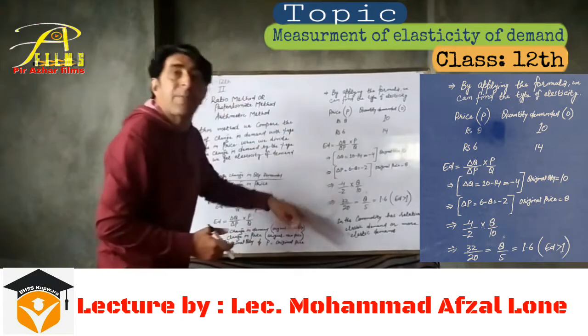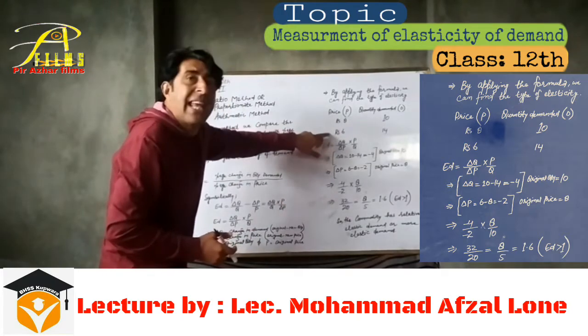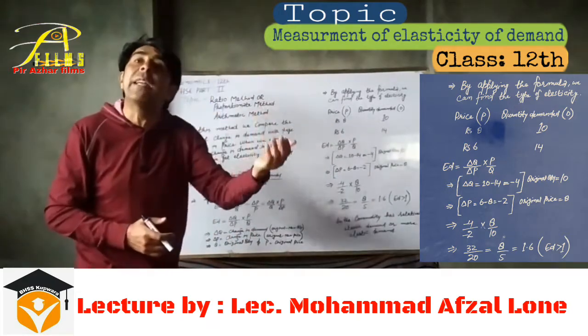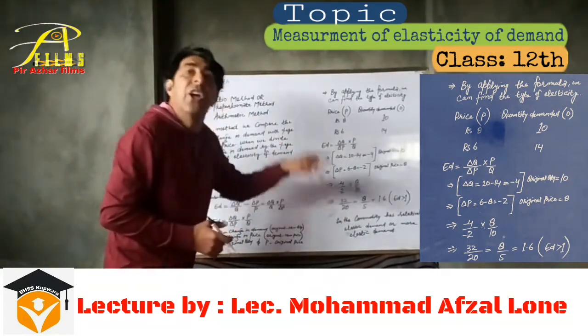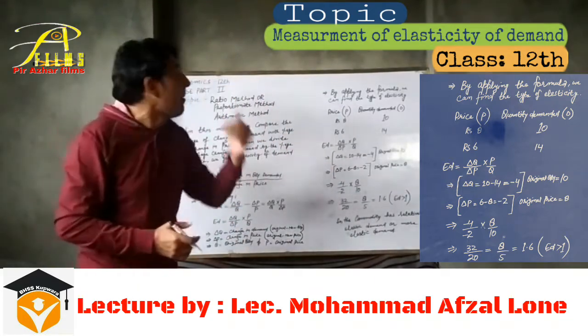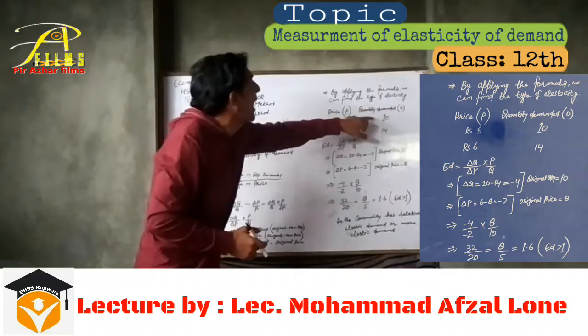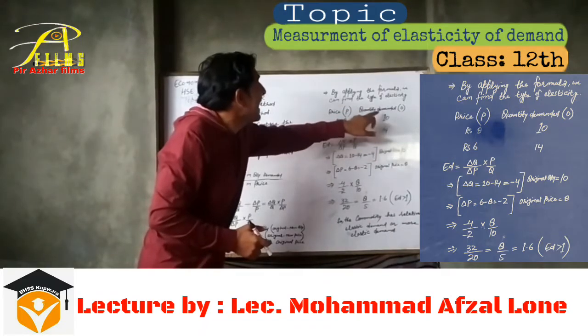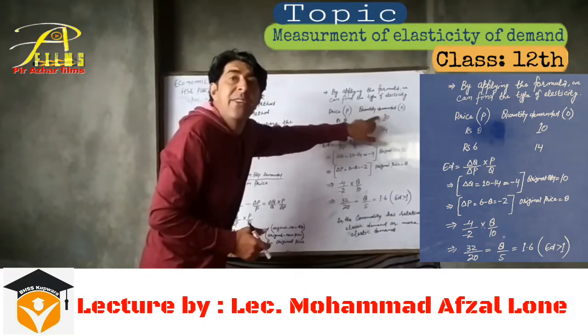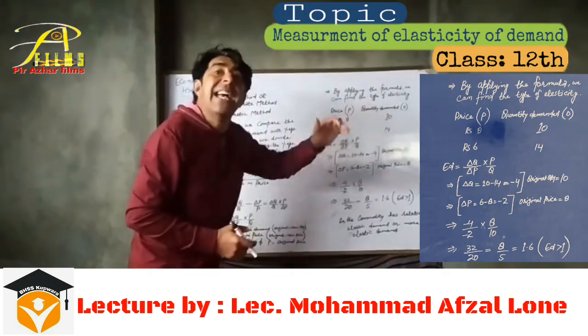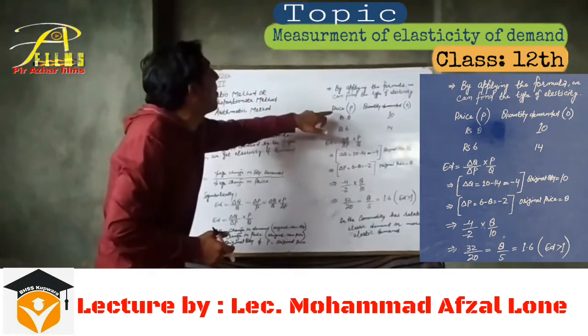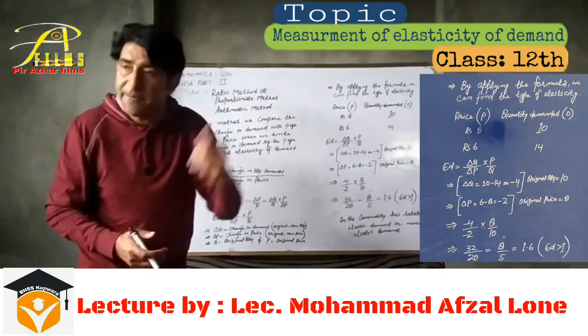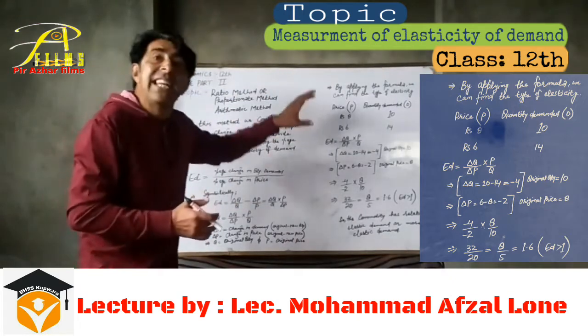When price changes from rupees 8 to rupees 6, which means there is a fall in price from 8 to 6, quantity demanded of a commodity increases from 10 to 14. There is an increase in demand from 10 units to 14 units as a result of fall in price from Rs 8 to Rs 6.